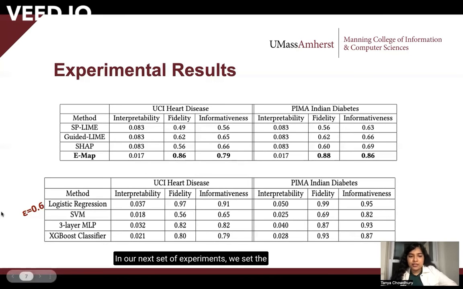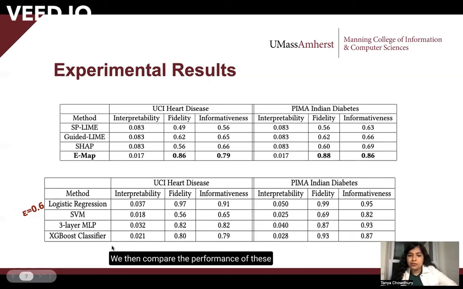In our next set of experiments, we set the value of epsilon fixed at 0.6 and vary the underlying architecture of the model we are explaining. We consider 4 different underlying architectures: logistic regression, SVM, 3-layer MLP, and XGBoost classifier with epsilon fixed as 0.6 and generate Equi-explanation map explanations for each of the following.